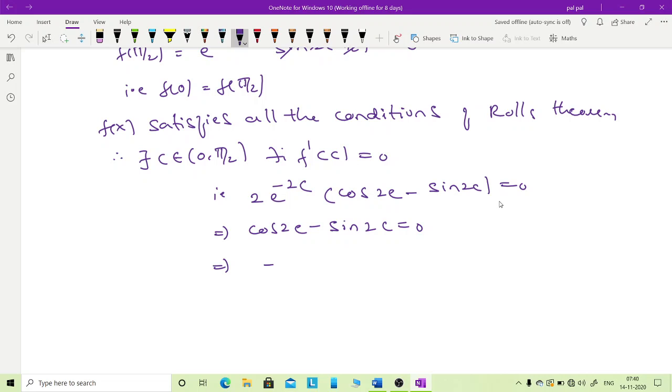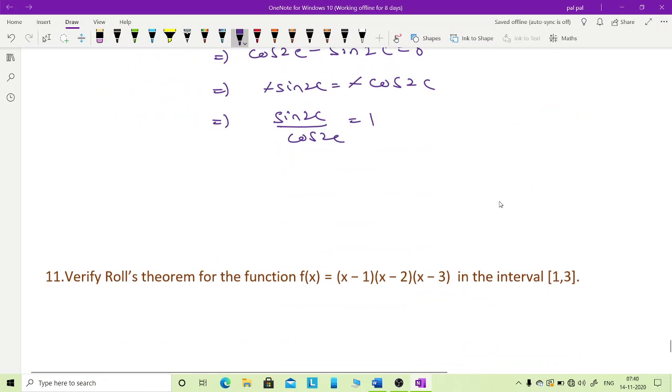We can write it as minus sin 2c is equal to minus cos 2c. So cancel minus on both sides, which implies that sin 2c by cos 2c is equal to 1. Sin 2c by cos 2c can be written as tan 2c. So tan 2c is equal to 1.